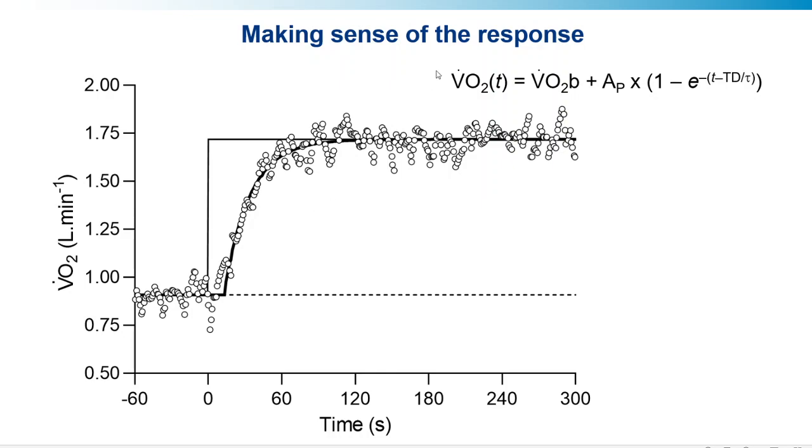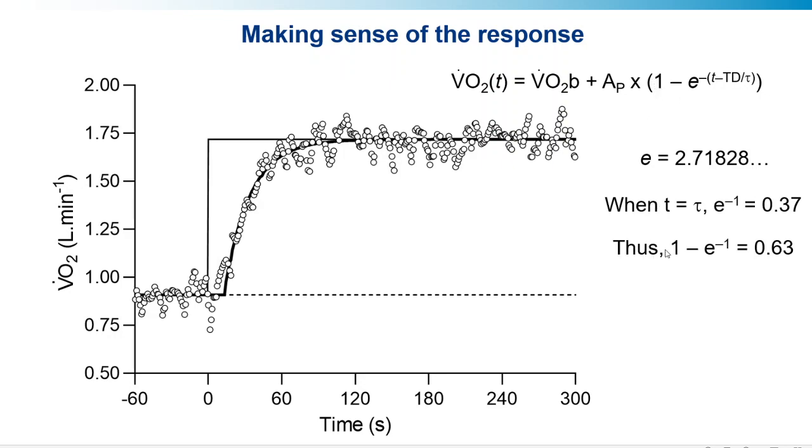Now, the key thing here is that we're basing all of this on the natural number e. And because e is equal to 2.71828, you might then wonder why it is the time constant is specifically 63% of the final amplitude. Well, we can answer that because when the time is equal to the time constant, and let's just ignore the time delay for now, then that whole equation there reduces to e to the minus 1, which is 0.37.